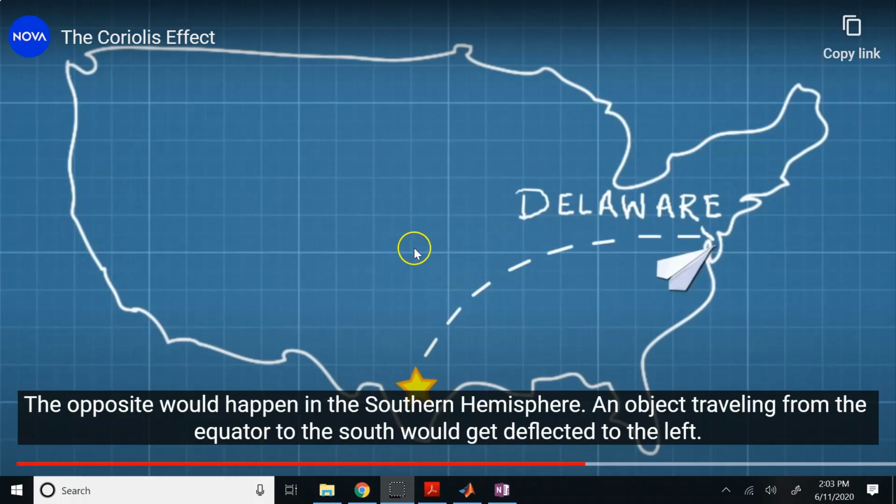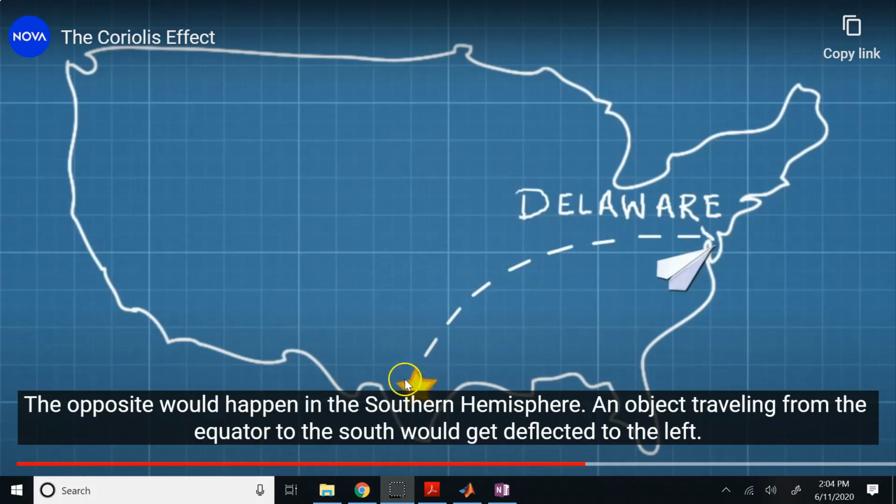Because the points at Texas are rotating on a bigger radius, and all of these points share the same theta dot of the Earth, the spinning velocity of the Earth, but the radius here is smaller than in Texas because Texas is closer to the equator. So the term v equals r theta dot is bigger for Texas than for Delaware.